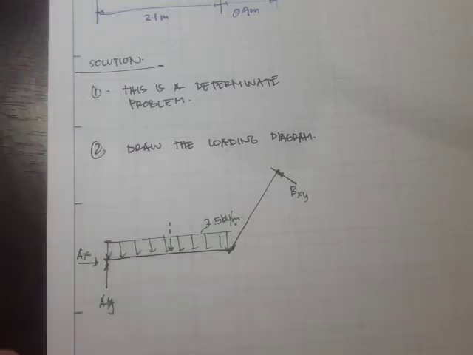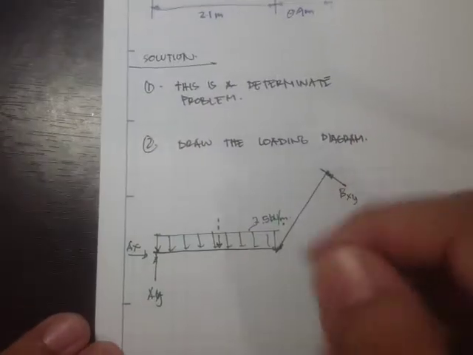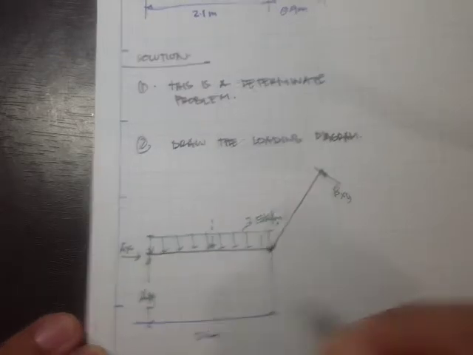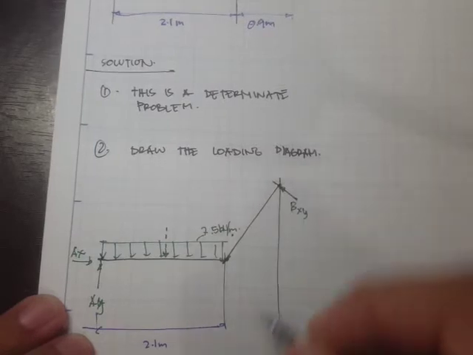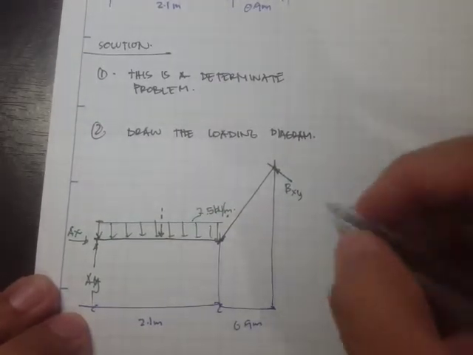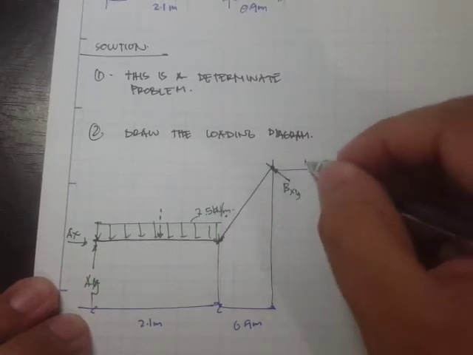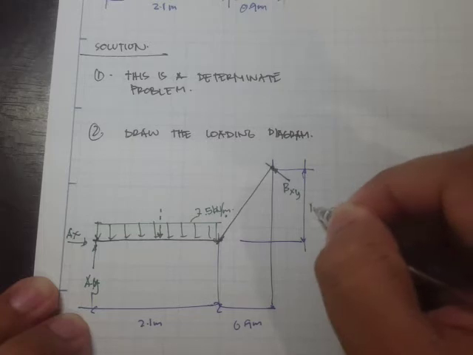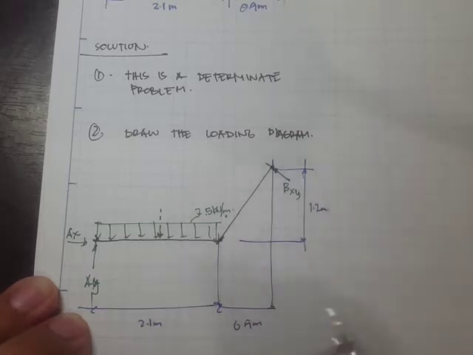Now let's input the lengths. Here, this is 2.1 meters, right here this is 0.9 meters, and this is 1.2 meters.